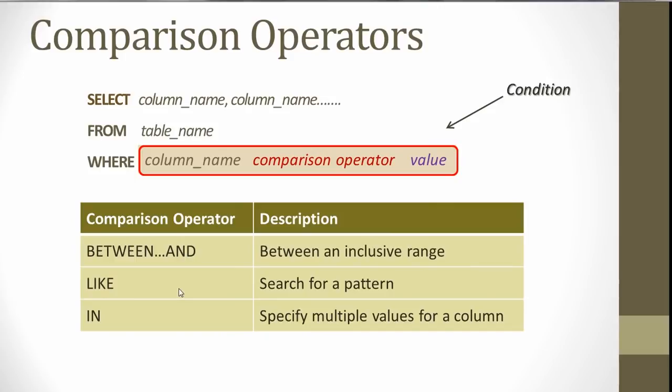Now the comparison operators we'll be looking at in this lesson today are between and, which will help us select rows where values fall within an inclusive range; like, where we are going to search for a pattern and select the rows based on that; and in, where you can specify multiple values for a column and the query selects the data. So let's run some examples and see how to use these comparison operators.